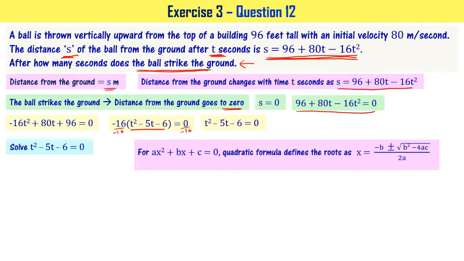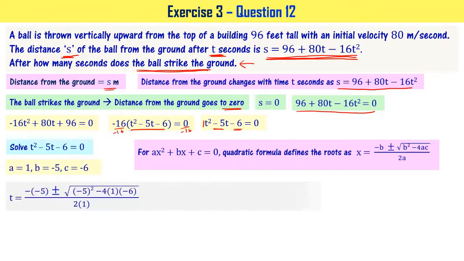A is 1, b is minus 5, and c is minus 6. Let's substitute them in the quadratic formula: minus b plus or minus square root of b square minus 4ac, divided by 2a. When you simplify this, you get 5 plus or minus 7 divided by 2.